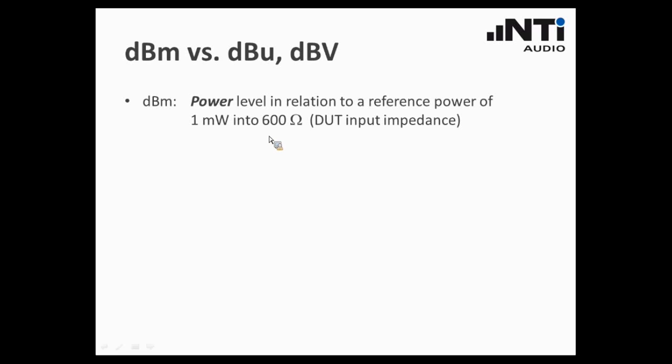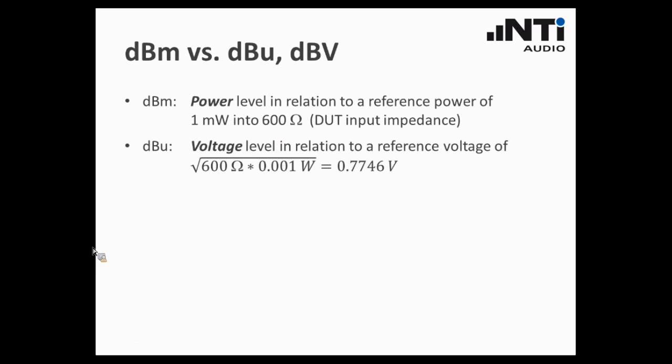For that reason, and because the audio world is thinking in voltages, the unit dBu was introduced. dBu is a voltage level in relation to a reference voltage. The definition was made by taking the 600 ohm impedance, multiplying it by the 1 milliwatt, and that gives us this a little bit awkward number of 0.7746 volt.